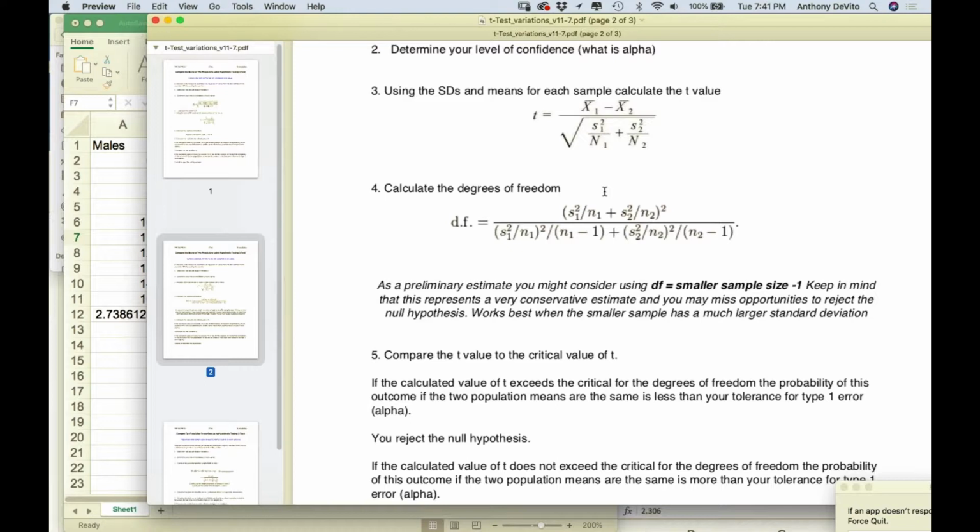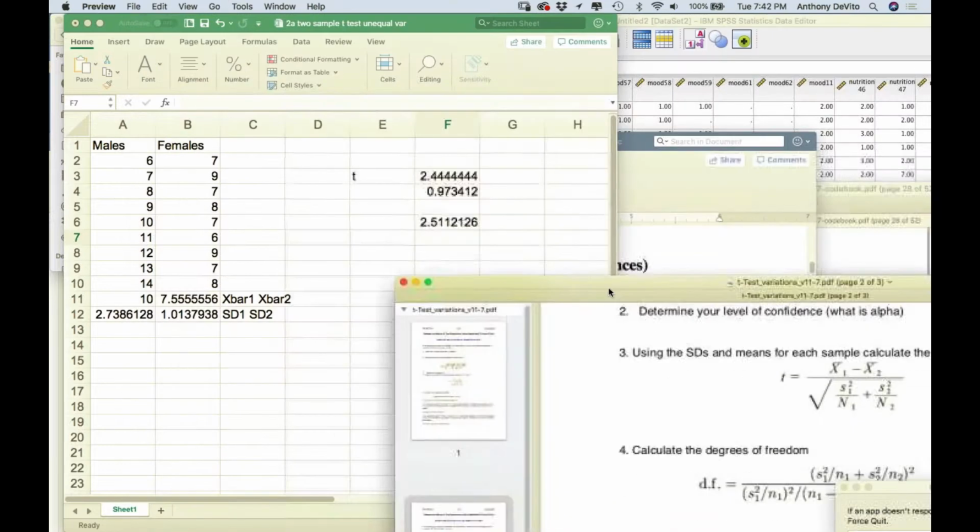It's possible you may fail to reject the null hypothesis when you could have, but if you're close, you can always go back and do this calculation, because you want to know whether you really could have rejected it. So the degrees of freedom is going to come out to a weird number if we do it that way. Using our quick rule, we're going to say 9 minus 1 is 8, right? So 8 degrees of freedom.